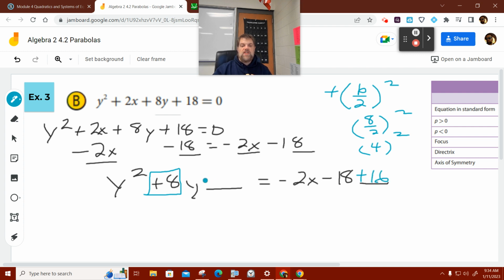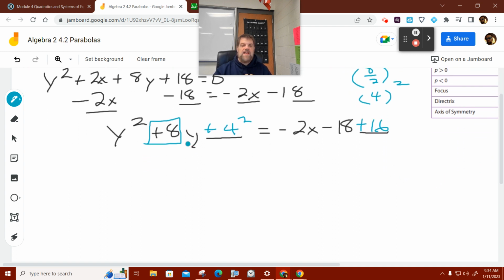Now, I purposefully write it over here as 4 squared. But 4 squared equals 16, correct? The reason I purposefully write it that way is because I know that y plus 4 squared equals all this stuff.